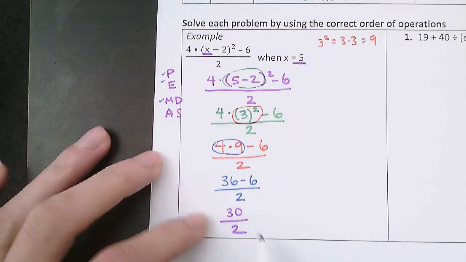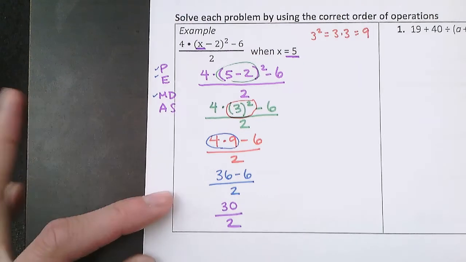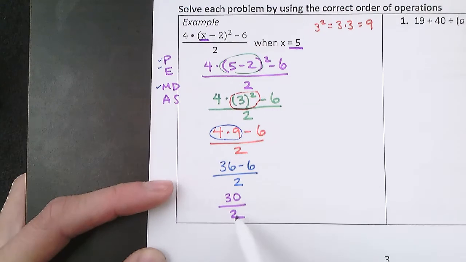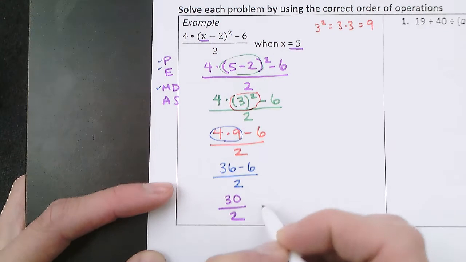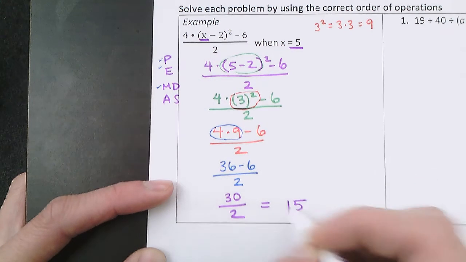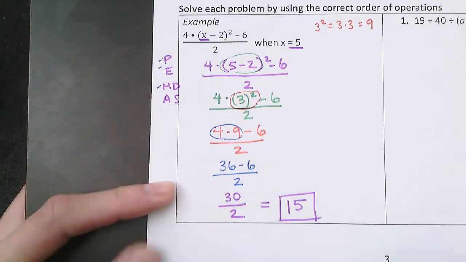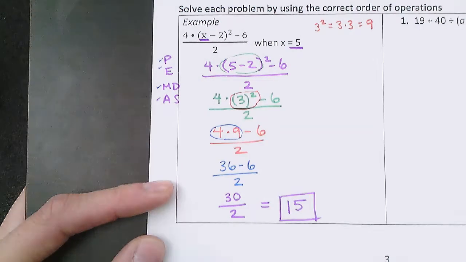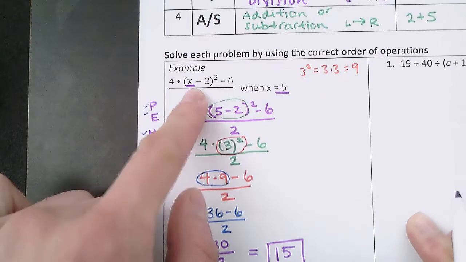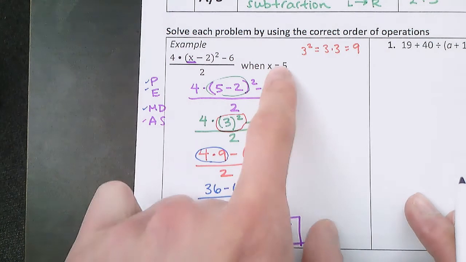However, I also have to check 30 over 2 or 30 halves. Can I simplify that any further? Well, I check how many times can 2 go into 30? 15 times. So 30 over 2 equals 15. Okay, now I'm done. I followed all the steps in PEMDAS, simplified this into 15 after I plugged in 5 for x.